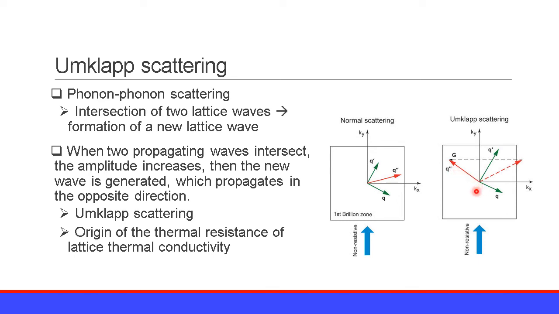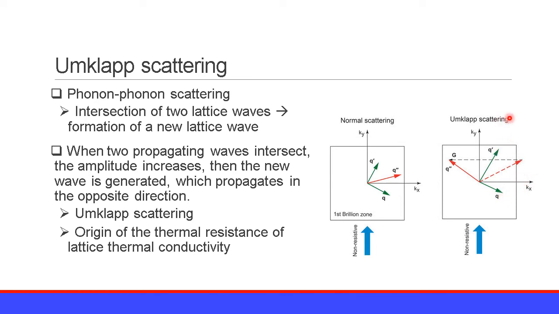As a result, the sum of the lattice waves Q and Q prime is oriented in a different or opposite direction from the sum of the original two lattice waves.